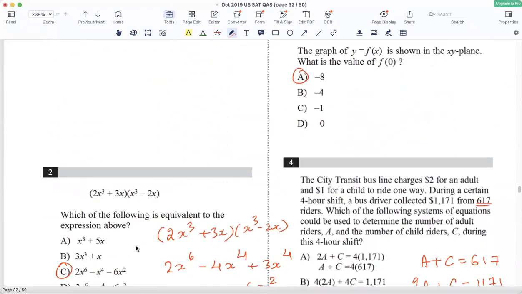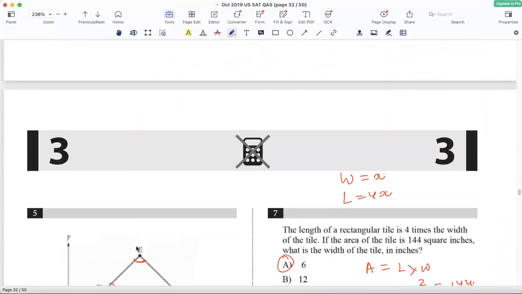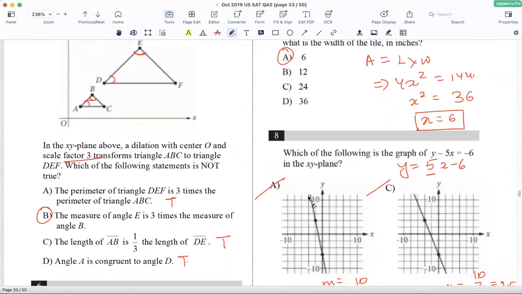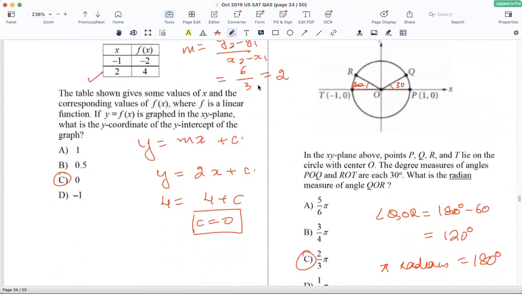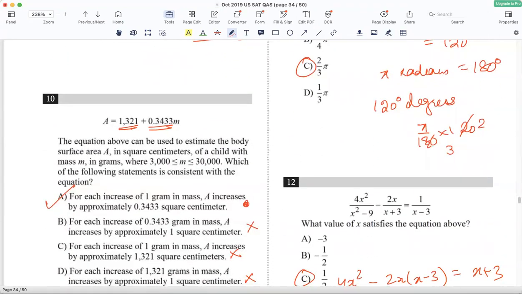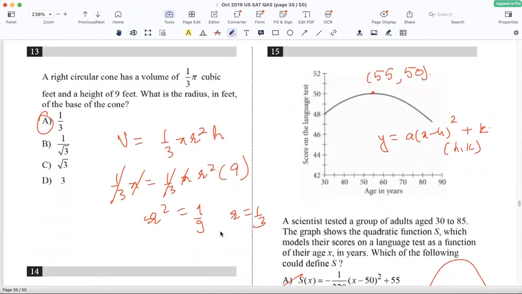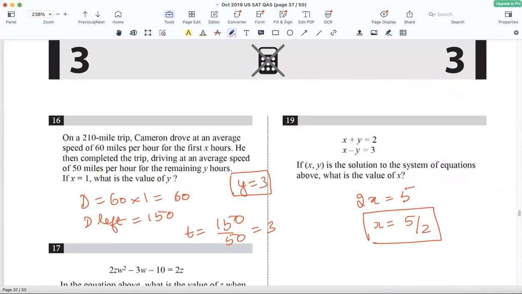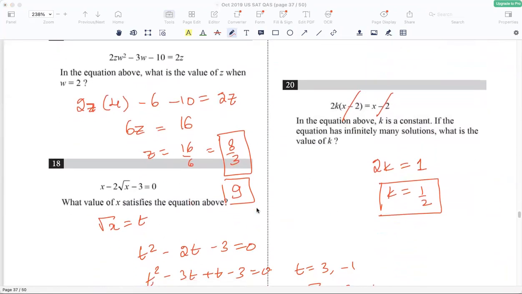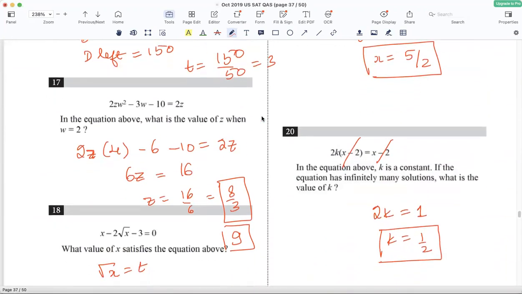CCADB, AABCA, CCADB, and 3, 8 by 3, 9, 2.5 and half.